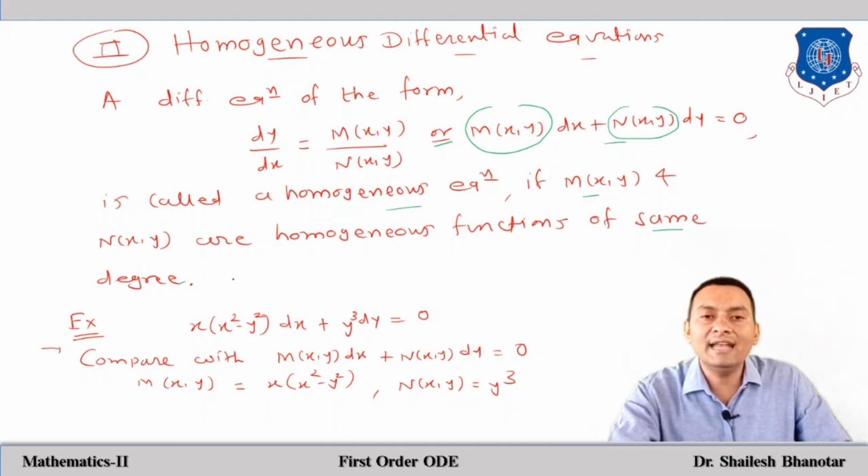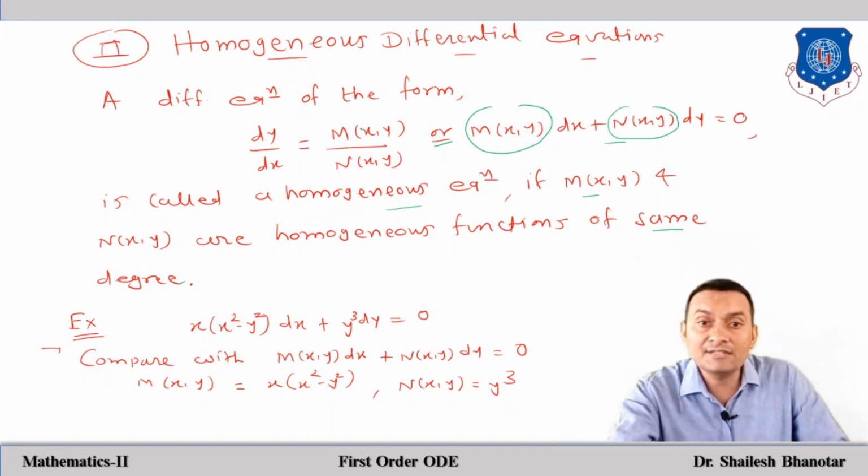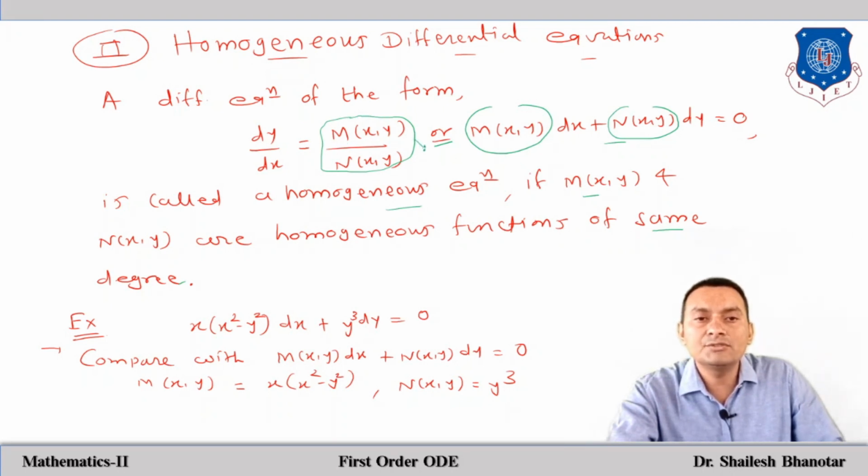So let us understand with an example. Think about this form. If m of xy has degree 2, and the denominator also has degree 2, because of the same degree, then the ratio is nothing but 1.